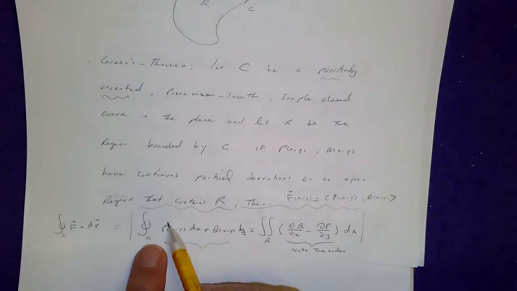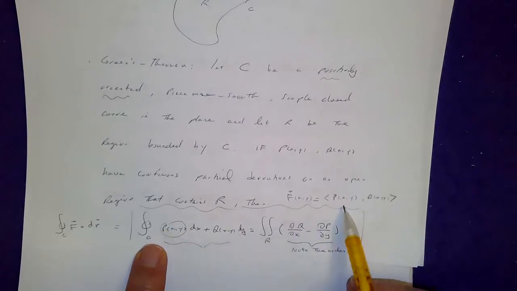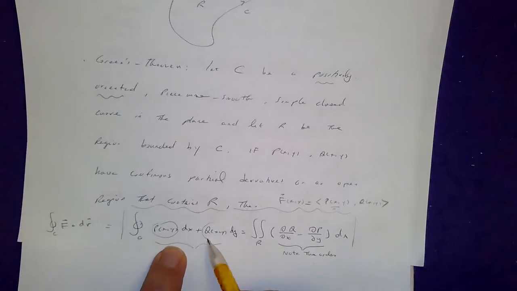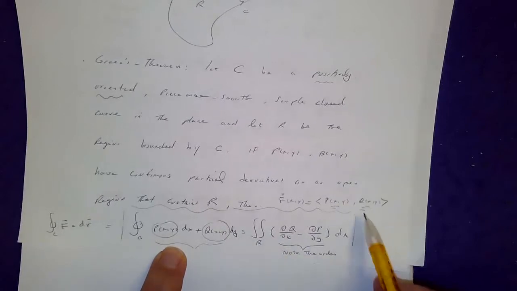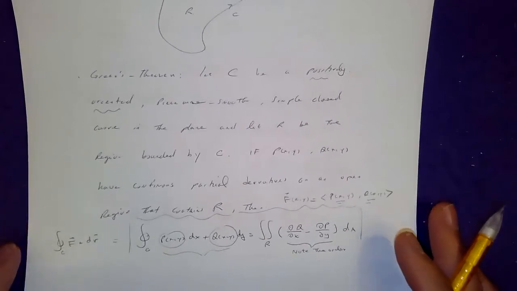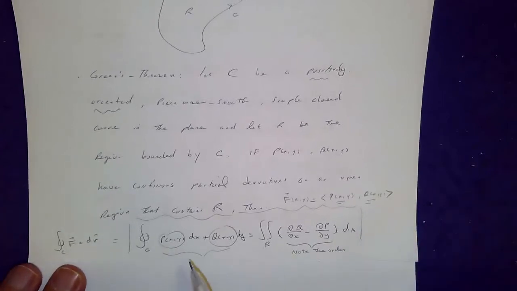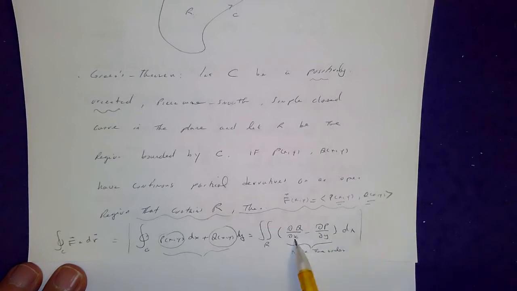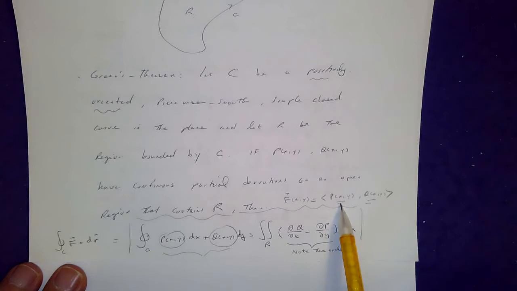Whatever is attached to the dx is the x component of the vector field. Whatever is attached to the dy is the y component of the vector field. Mr. Green discovered that this is exactly the same as the double integral, but the integrand has to be the partial of the y component with respect to x minus the partial of the x component of the vector field with respect to y.